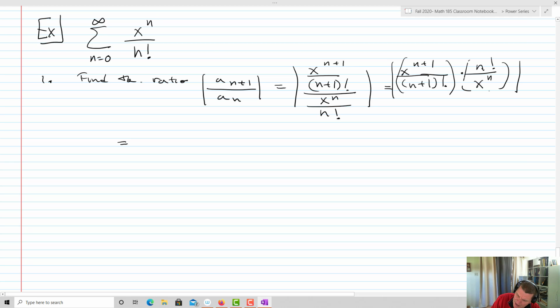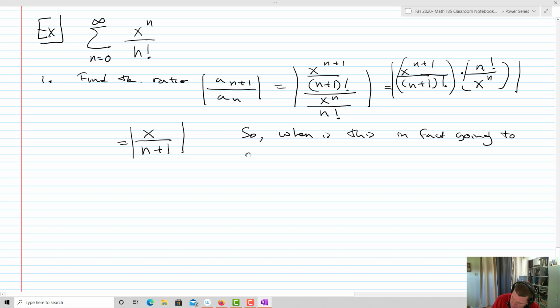So this is going to then end up equaling x, because x to the n plus 1 divided by x to the n is going to be x, divided by, and then that bottom one is just going to be n plus 1. Okay? In absolute value. So, when is this, in fact, going to give us a convergent sequence?